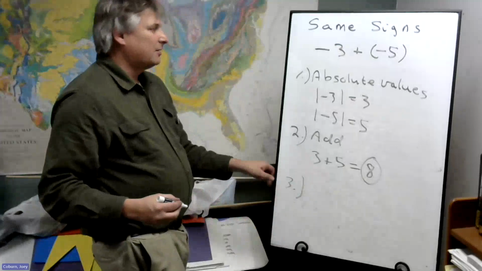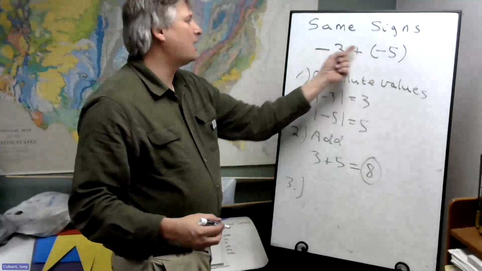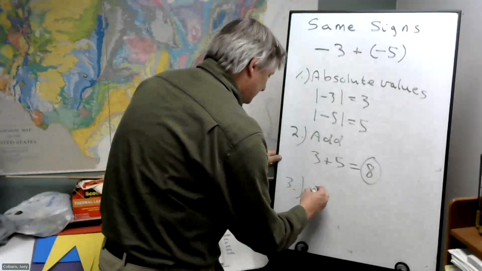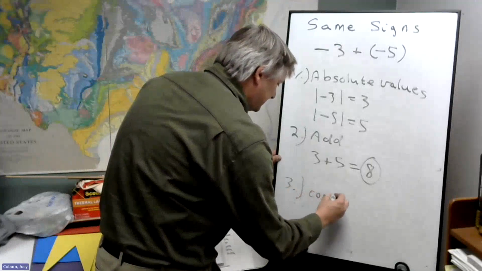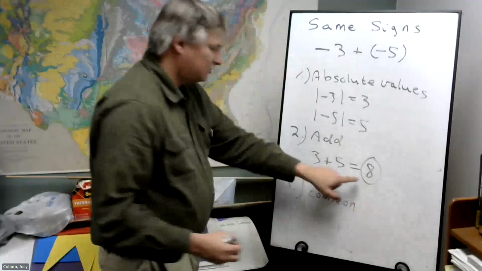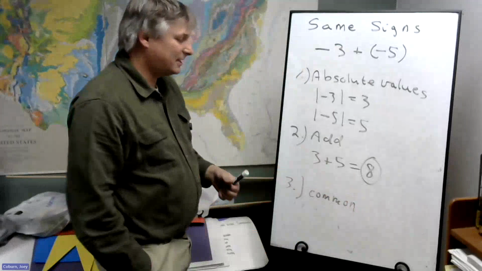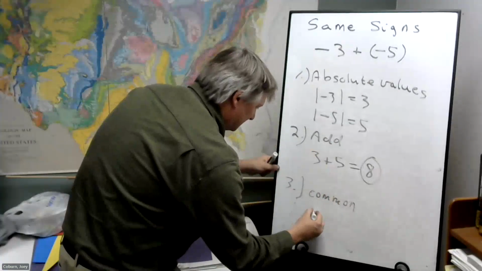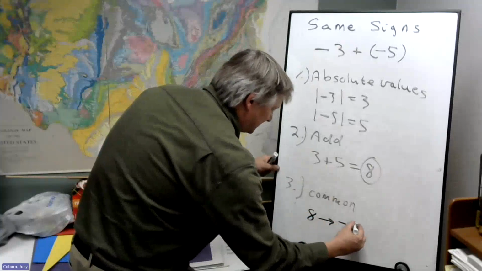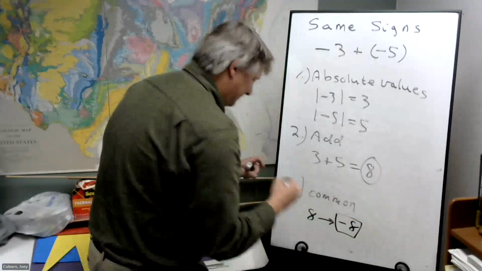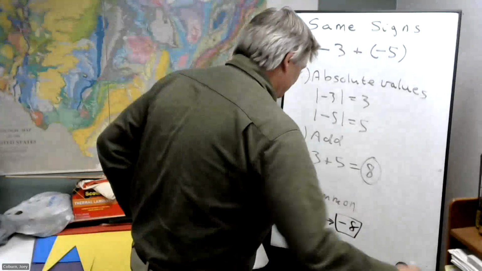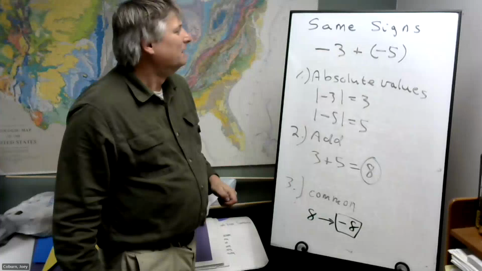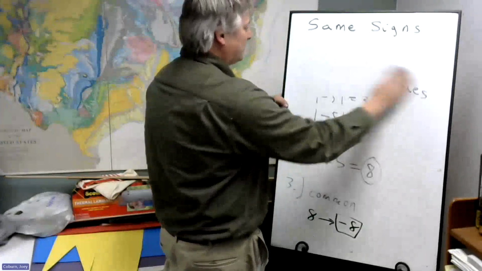And then finally, we take the sign that's common to both of those numbers and we attach it to the preliminary answer to get the answer. So 8 becomes -8. And that's it.